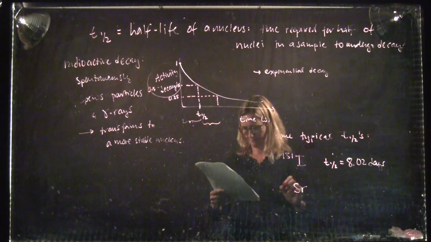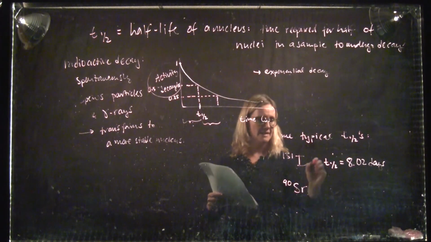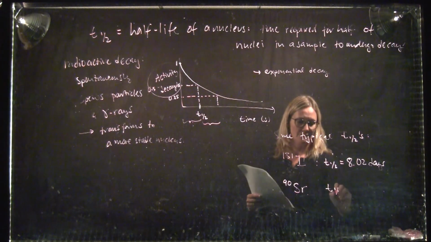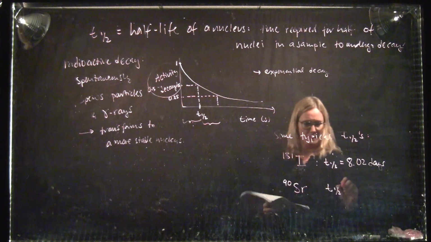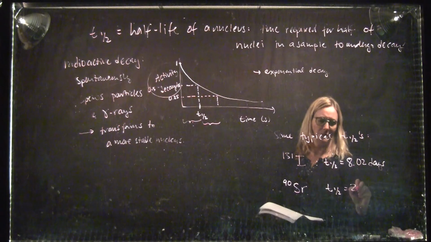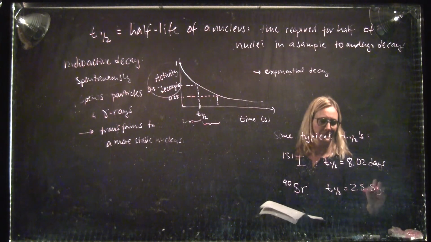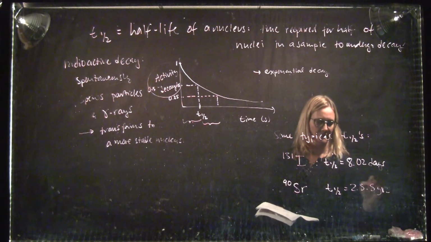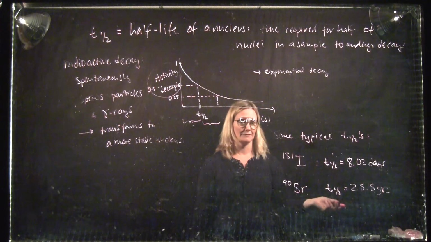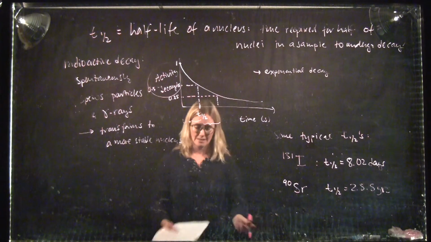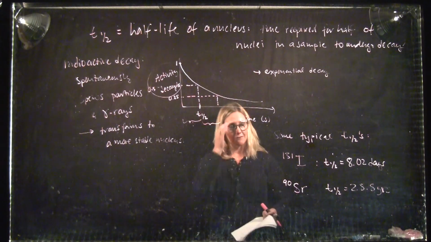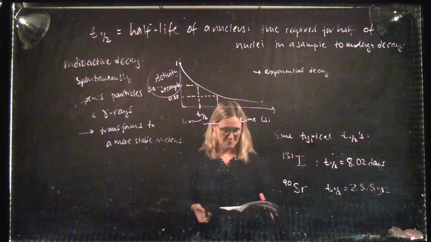Strontium-90 is another very valuable radioactive nuclide. Its half-life is 28.8 years. So just to see, first of all, that these half-lives vary over orders of magnitude, so 8 days versus 30 years, basically. Strontium is a very valuable radionuclide for atmospheric chemistry.